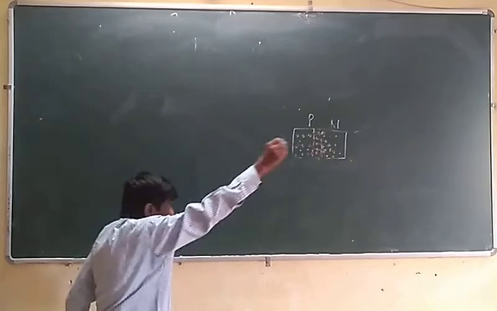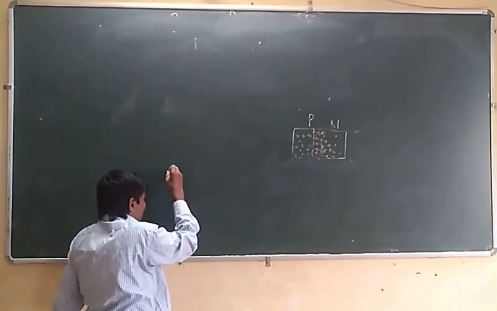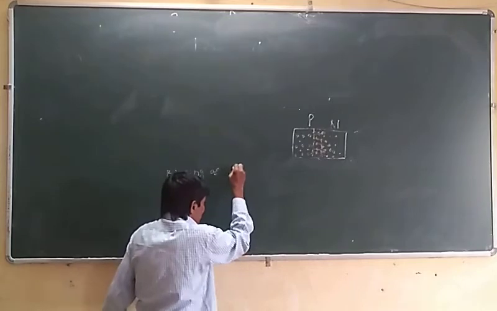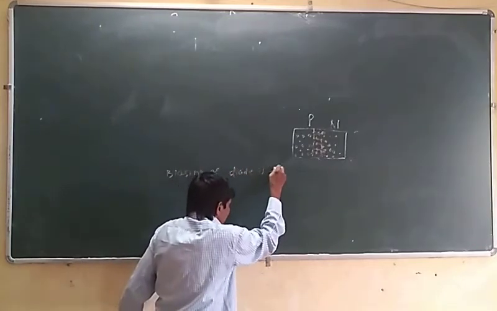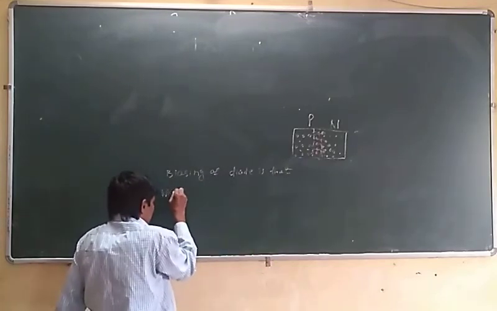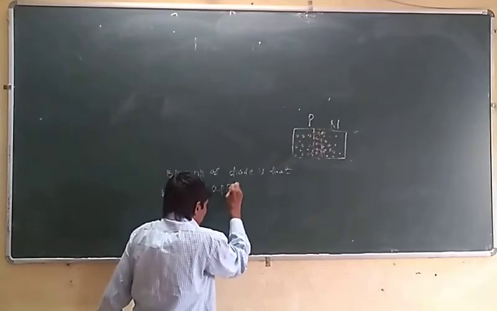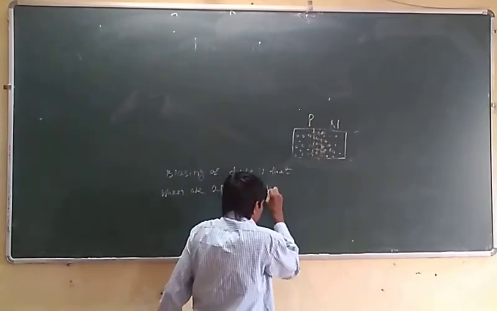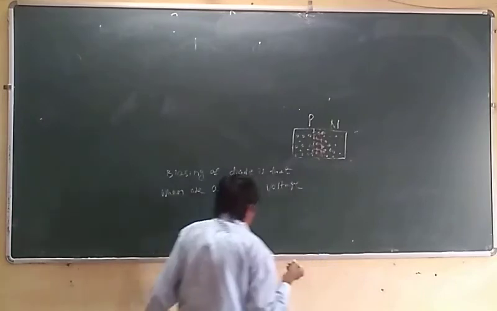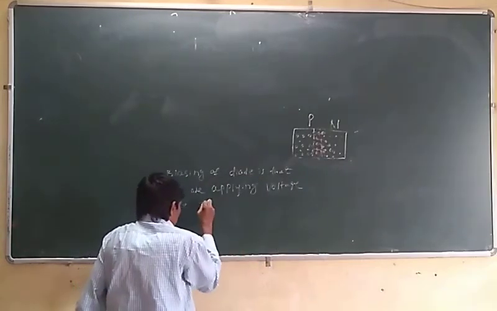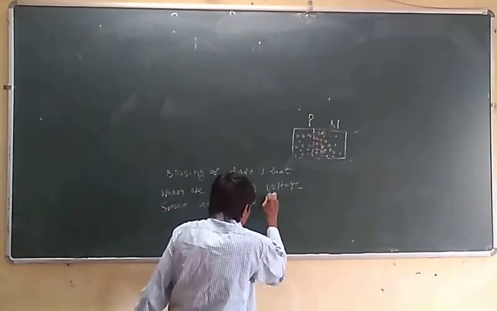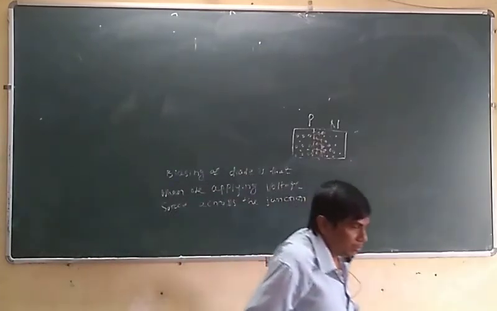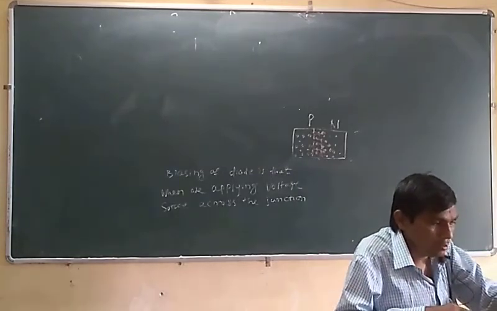So biasing of a diode is that when we apply a voltage source across the junction, we draw this biasing.